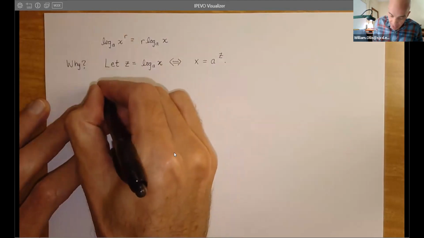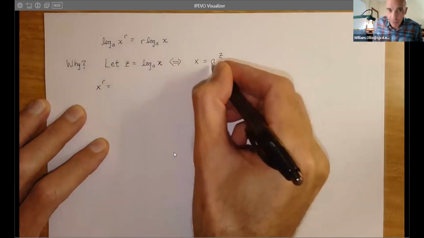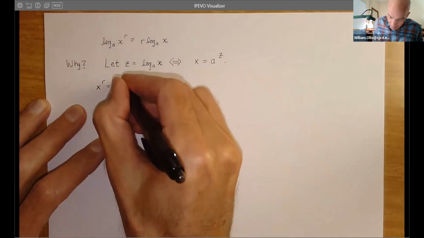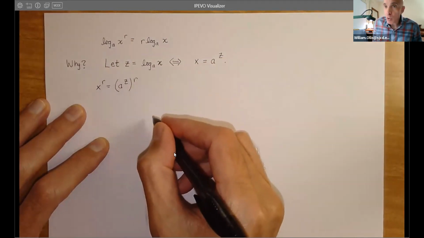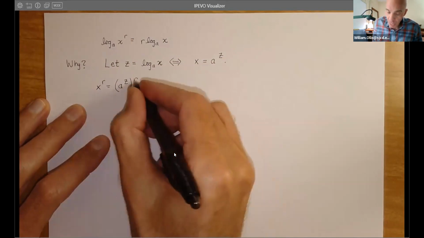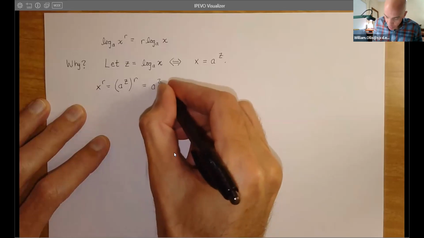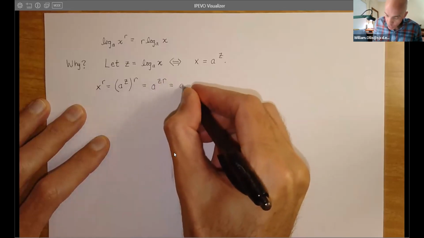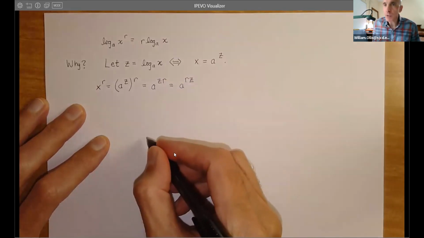That is, x to the r will now be A to the z raised to the r. So with the use of the exponential rules, we're in good shape. So we have z times r. So this is A to the z times r. Or if you will, we can just write the r first, like that. Okay, just using commutativity.